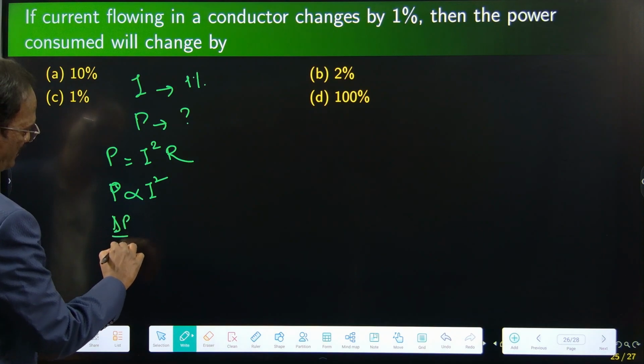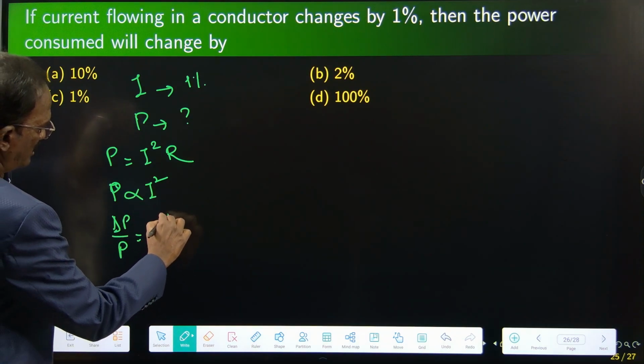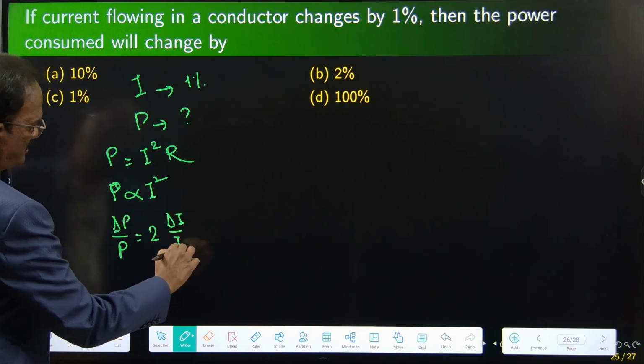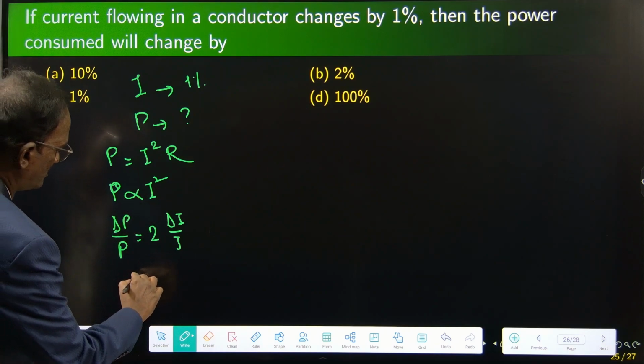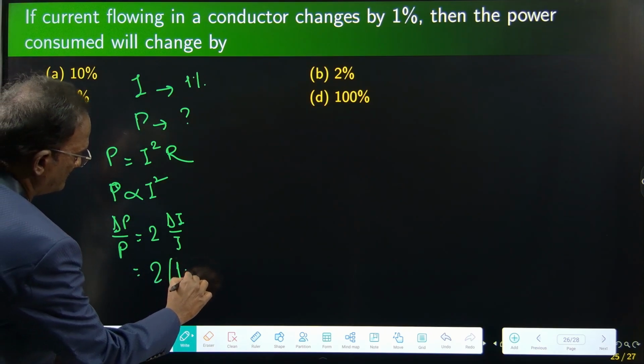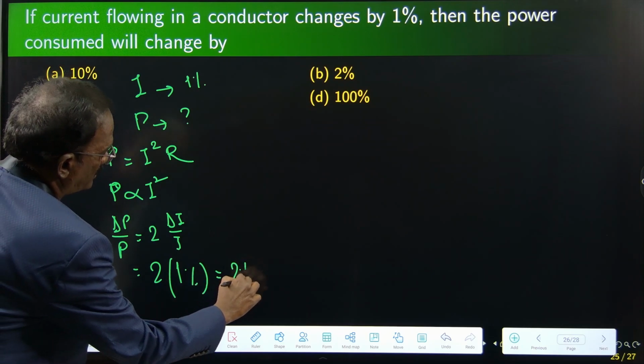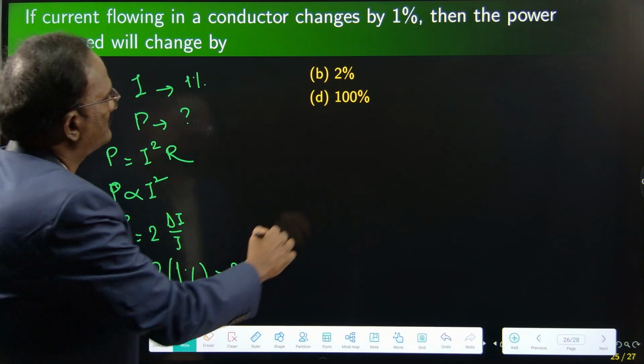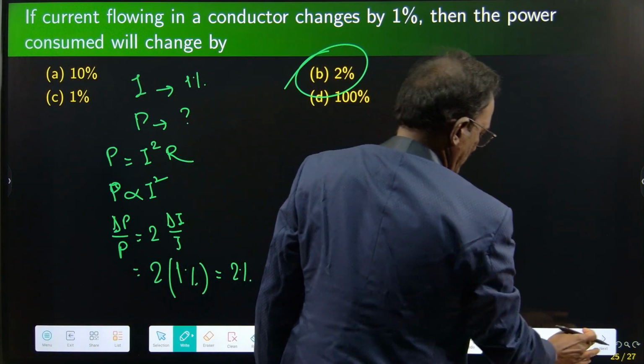Delta P divided by P is equal to 2 into delta I by I. So 2 into 1%, 2% is the answer.